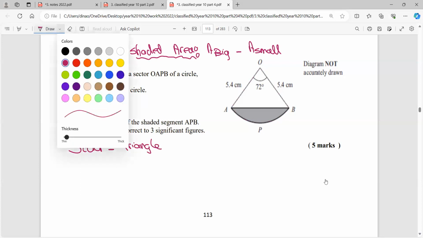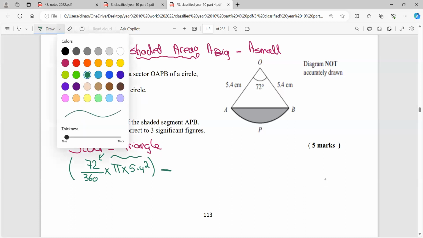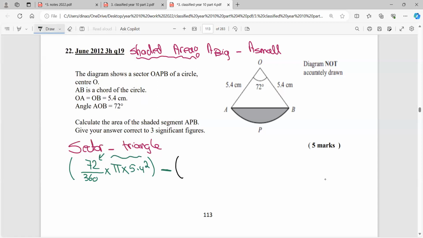Let's remember the area of the sector. The area of the sector is the angle of the sector divided by 360, multiplied by the area of the circle, pi times 5.4 squared. To find the area of the sector, I multiply this fraction by the area of the circle. Minus, let's remember together the area sine rule, which is half times.